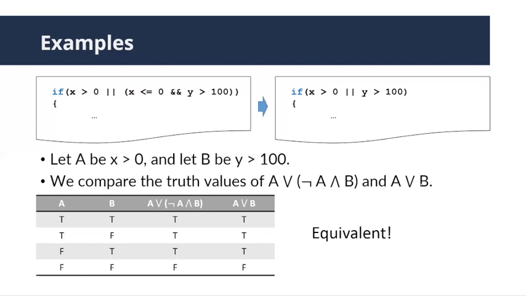Why do we want to simplify our code? The reason is if it's simple, then we can improve the readability. In addition, if the code is simple, especially if those conditions are simple, then after you compile, your program will run faster. And not just for coding. When you design chips, you know we need to put a lot of gates on a single chip, which is very, very small silicon.